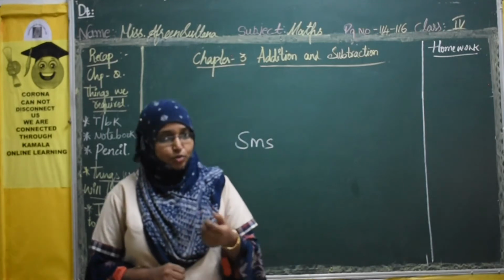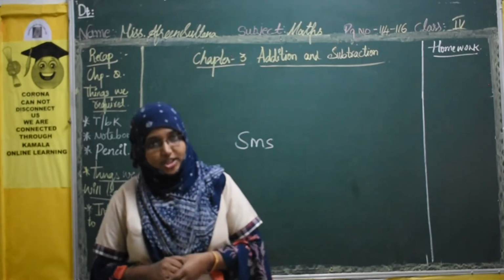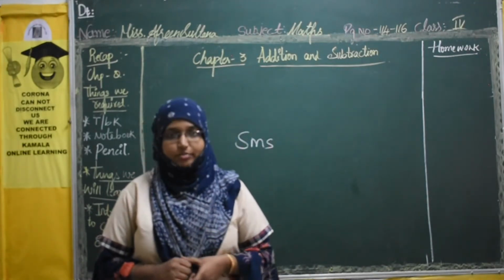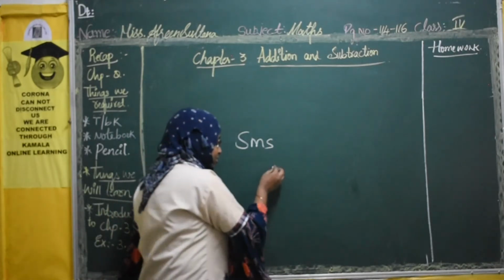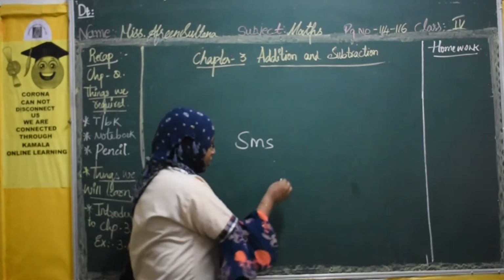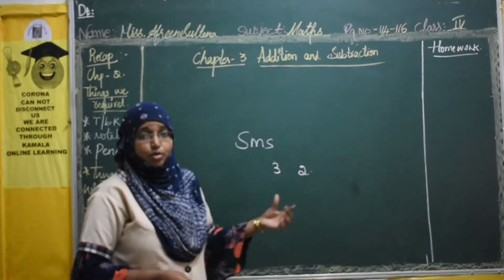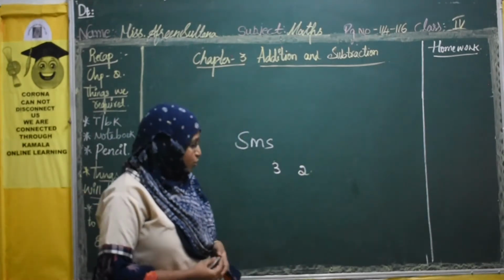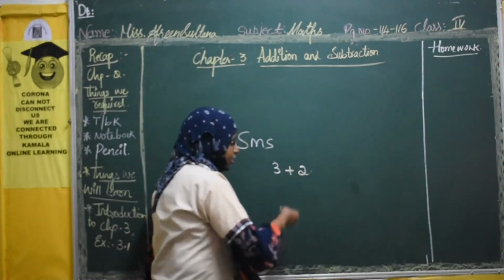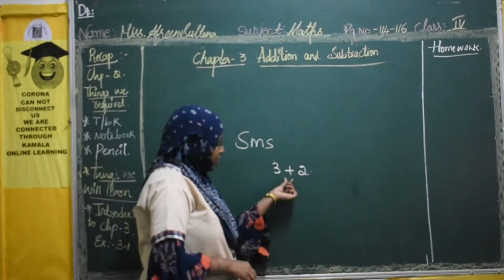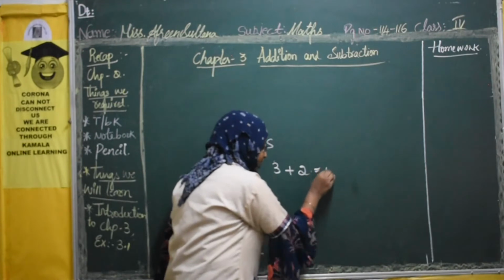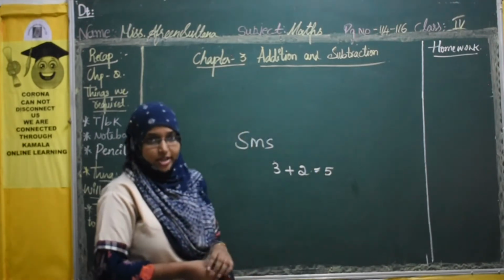As our chapter 2 was about large numbers, addition and subtraction is also based on large numbers. We know what is addition, right? If I gave you 3 chocolates and again I have given you 2 chocolates, how many chocolates do you have in total? You will do the addition. You will add. 3 plus 2 is how much? 5. This is in small numbers, right?